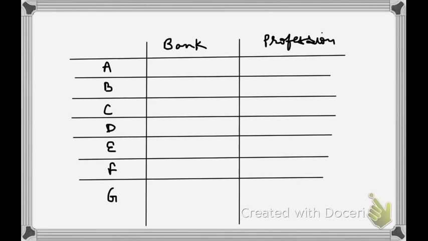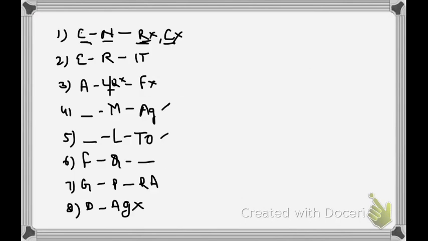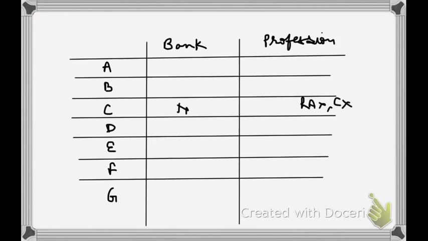The first point given was that C works in bank N and is neither a research analyst nor a clerk, so I mark it here. The next information is that E works for bank R and is an IT officer, so I write it like this.